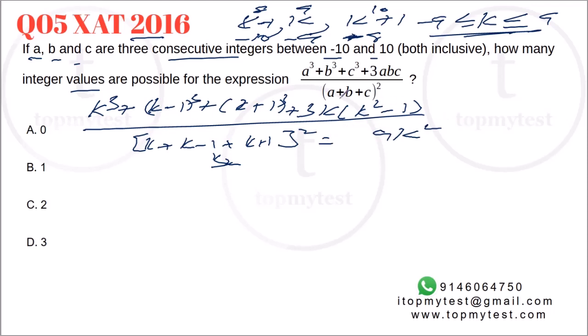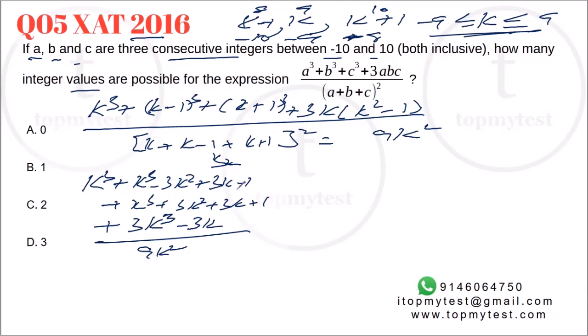Let's expand the numerator. K minus 1 whole cube is using a minus b whole cube, and this is a plus b whole cube, and expanding this. So minus 3k square cancels with plus 3k square, minus 1 cancels with plus 1, and the 3k terms add up.